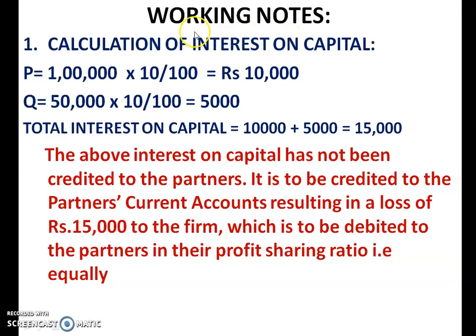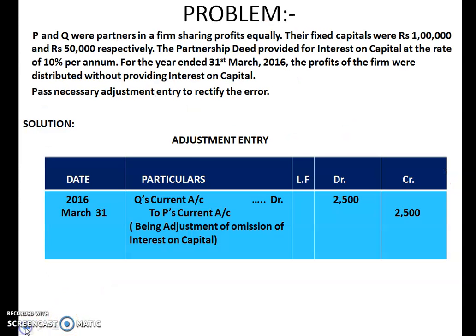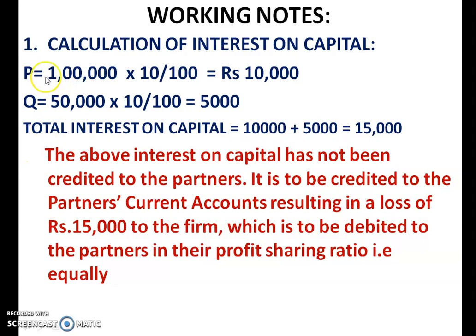In the working note, we are calculating the interest on capital which was omitted to be recorded. So children, how much is the capital of P? It is 1 lakh. And how much is the capital of Q? It is 50,000. What is the rate of interest on capital? It is 10%. Now let us calculate that interest.